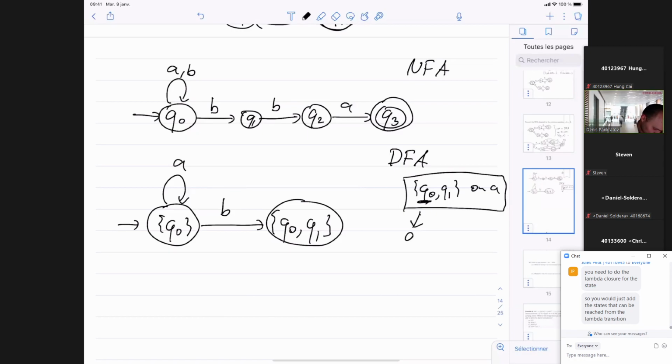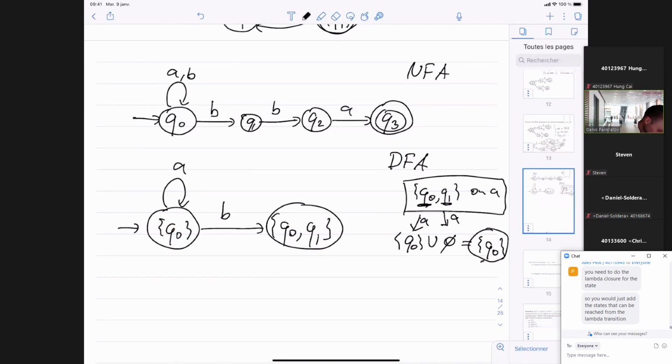Q0 on A can go only to Q0. And what if you're in Q1 on A? Q1 on A doesn't go anywhere. It's just an empty set. And then we take the union of these two possibilities. It gives us just Q0. And you see, if you already have the state labeled Q0 in your DFA that you're constructing, there is one. So it means that if you see an A, you should go back like this.